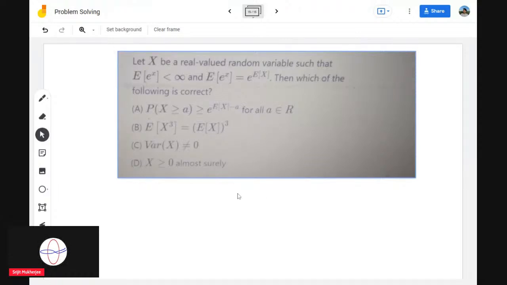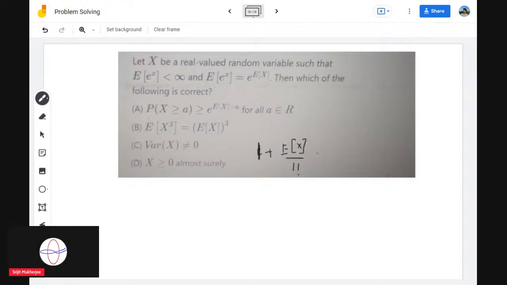So the expansion of e to the power x is 1 plus expectation of x plus expectation of x squared by 2 factorial and so on. Comparing both sides, it's coming out that the variance is 0, right?